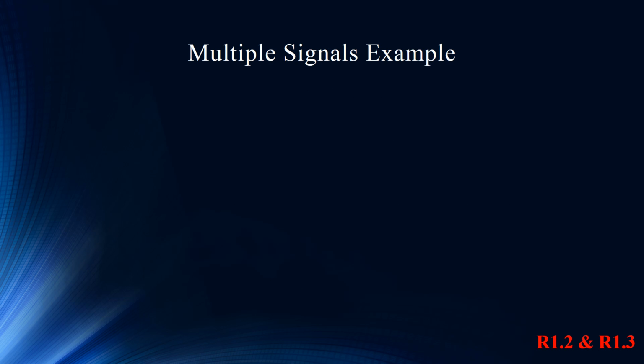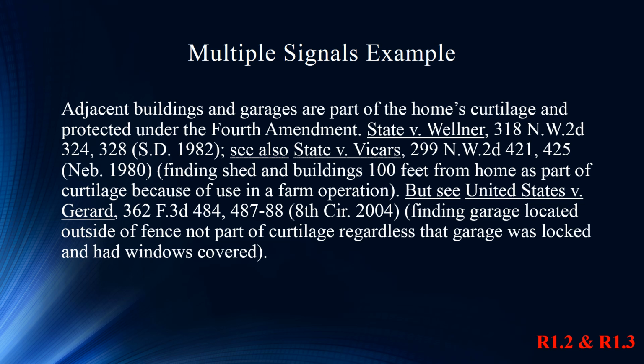To end, let's look at one more example that demonstrates how multiple signals work together. The writer's point is that adjacent buildings and garages are part of the home's curtilage and therefore protected by the Fourth Amendment. The writer cites directly to State v. Wellner using no signal.